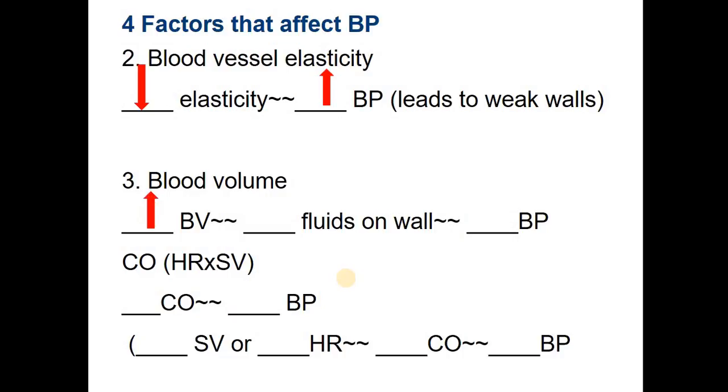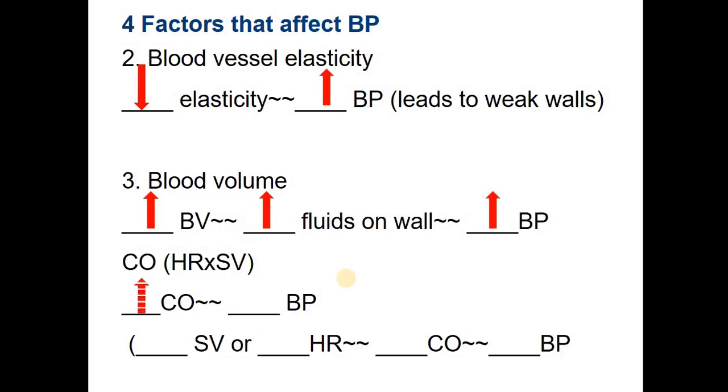With blood volume, if you increase blood volume, this will increase fluid on the wall, in other words, putting more pressure on that wall because the volume has increased. So this will increase the pressure as well.